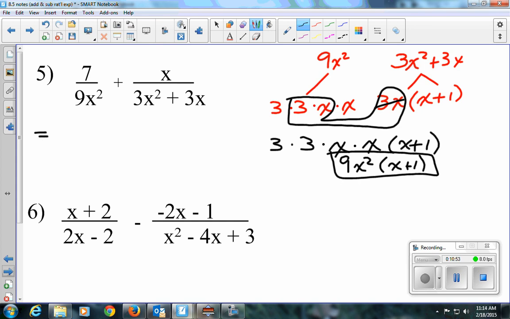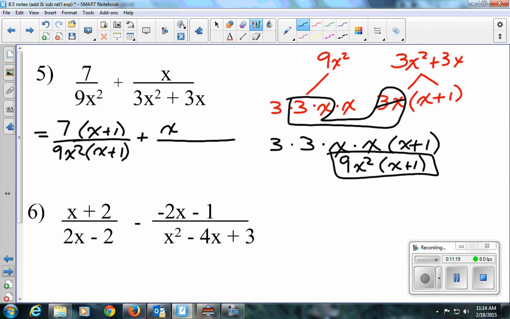Okay. So I'm going to rewrite this one because there's not room to do the multiply thing here. So this is going to be 7 over 9x squared. So now when I compare it to my least common multiple, what factor is it missing? X plus 1. So that means I'm going to multiply top and bottom by x plus 1. Plus. Now I've got x over.